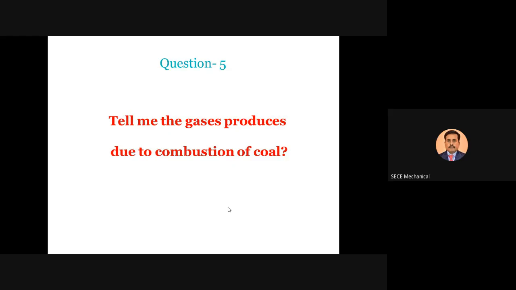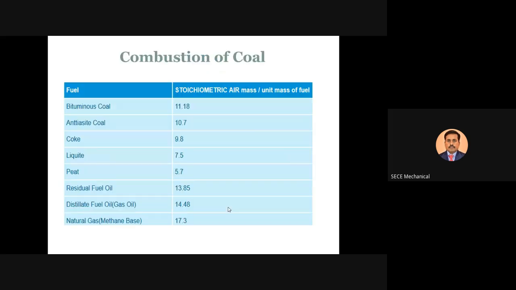So nitrogen oxides, SOx, carbon monoxide, and carbon dioxide are there. Also ash and soot particles. So these are all the gases that come out from the furnace.